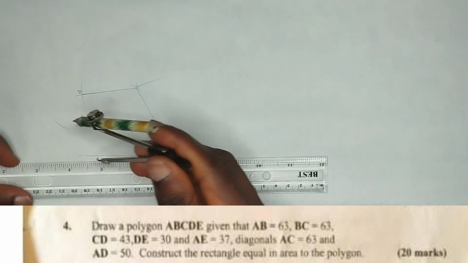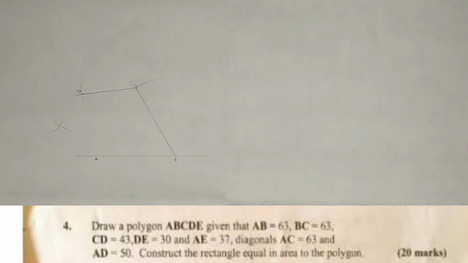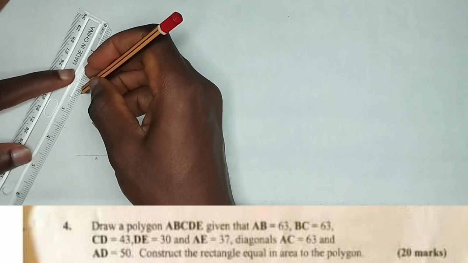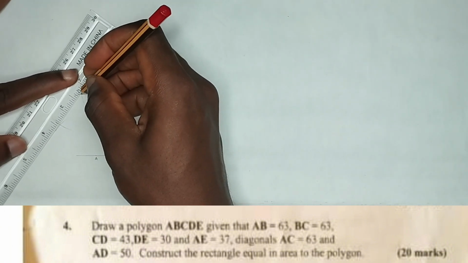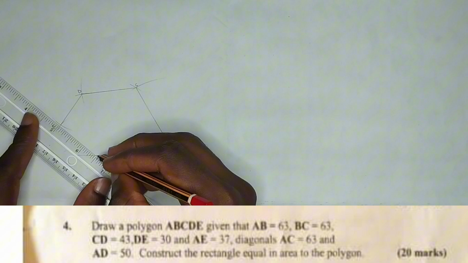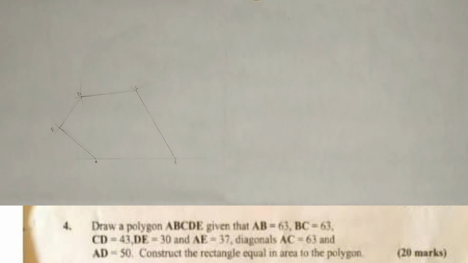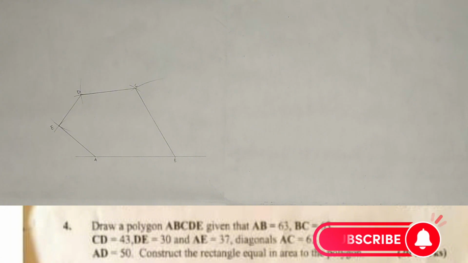This is going to be the mark point, so we'll join this together. So this is going to be our point E. Then from point A also, I join this together. So this is our irregular pentagon which we are drawing.